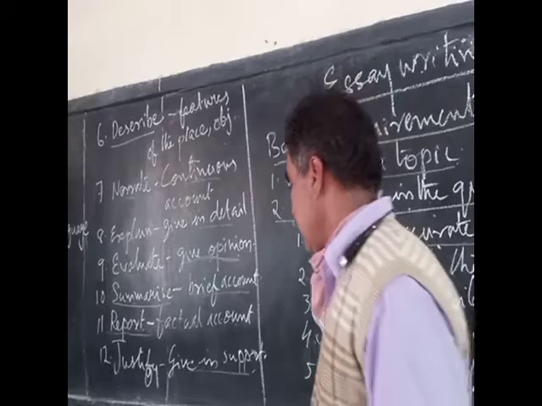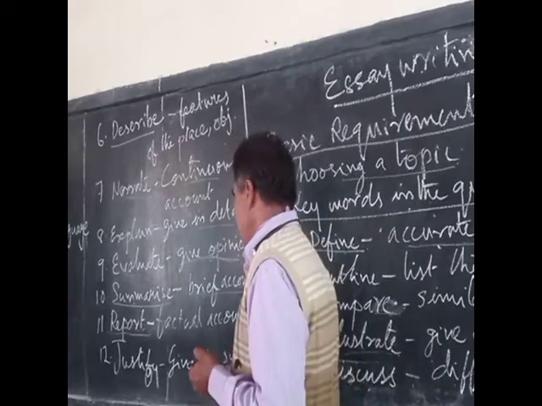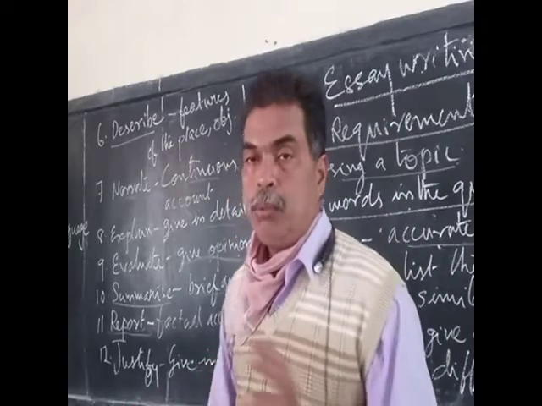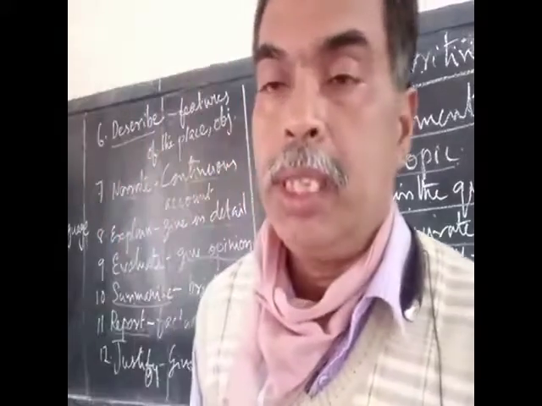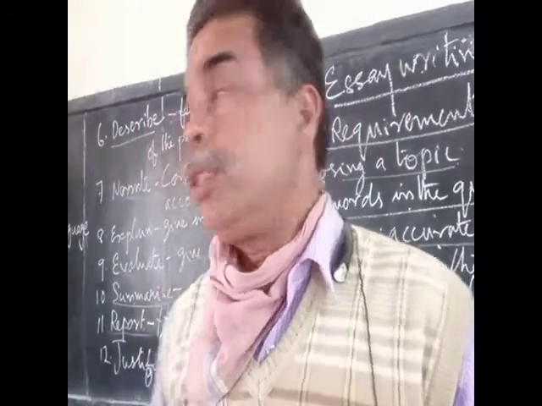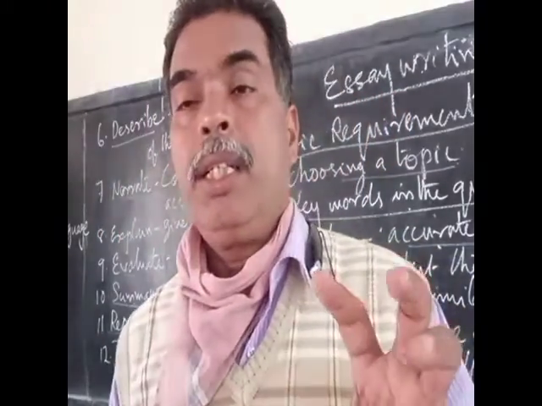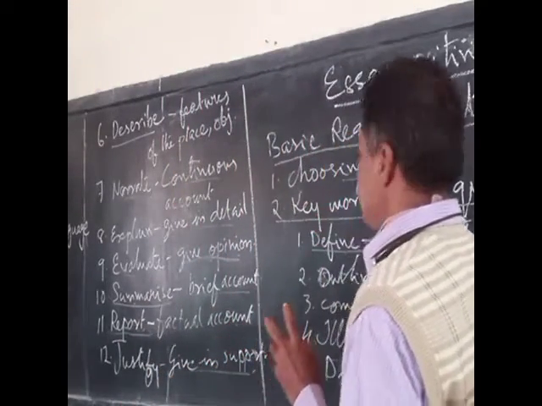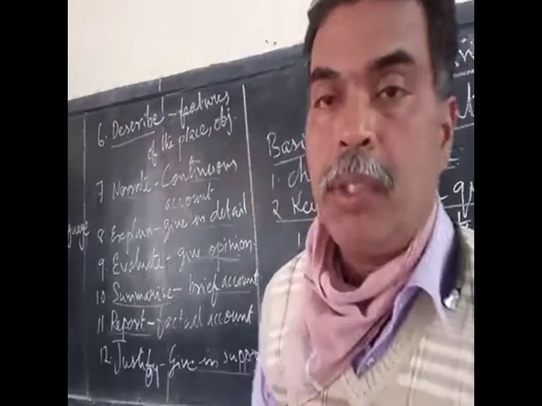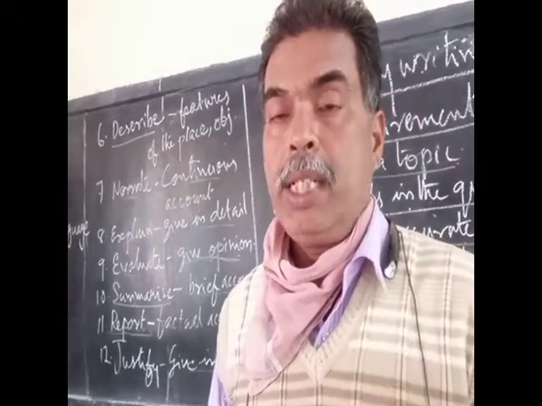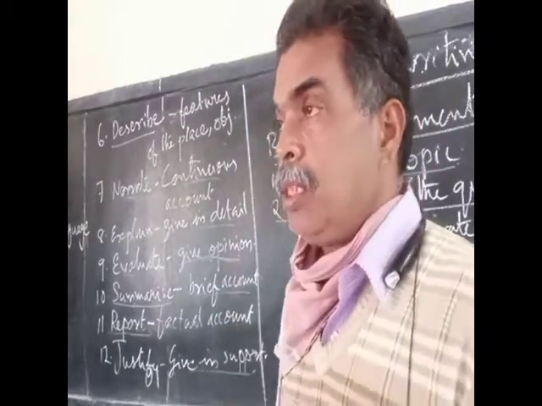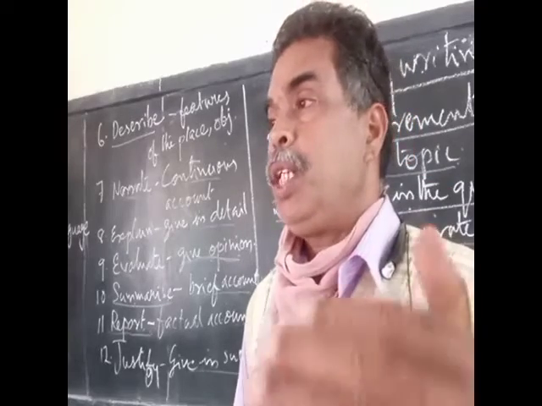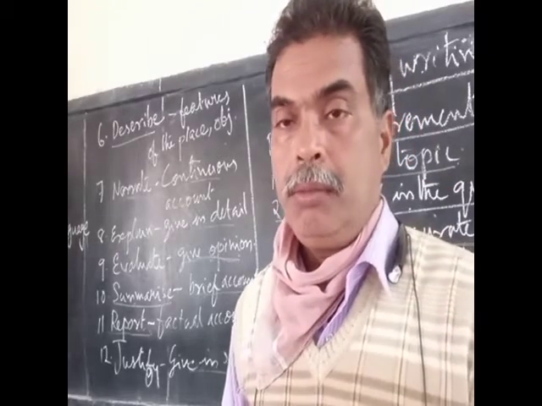In situations like that, you are supposed to give your argument in support of the topic given to you if the word justify comes. So briefly, since so many points are there, a brief account of the key words in the question is what I have given you now, for you to understand that if these words come, you will have to make your essay accordingly.